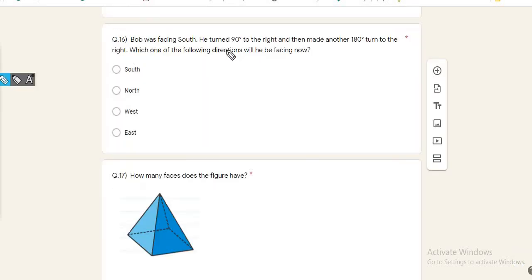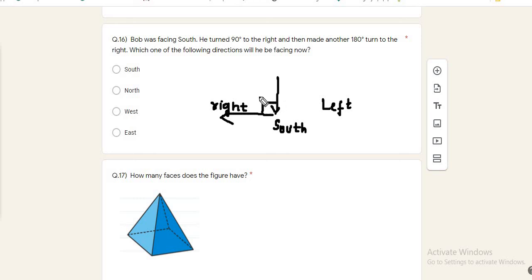Question 16. Bob was facing south. When you face towards south, this is the right and this is the left. He turned 90 degrees towards right, and then made a 180 degree turn.